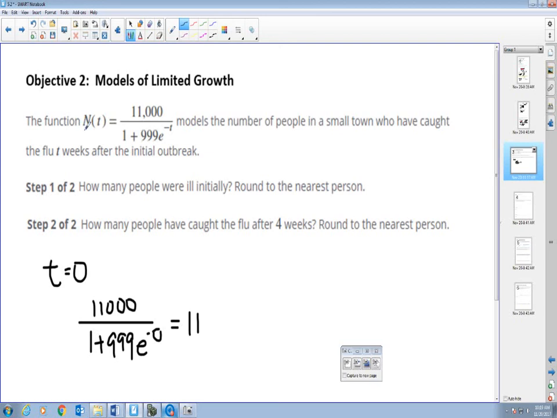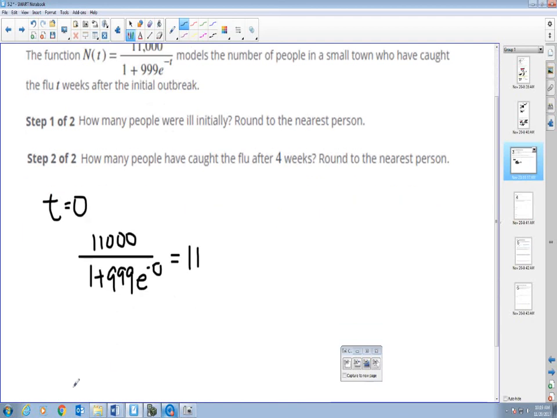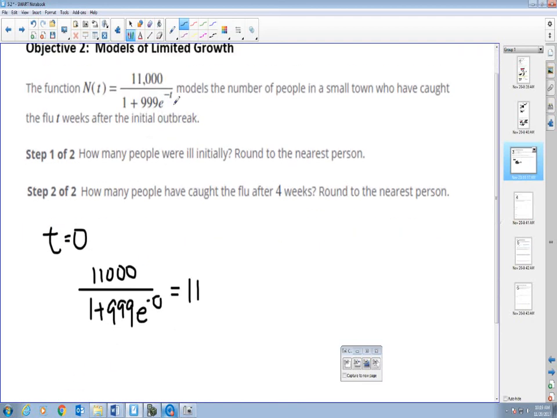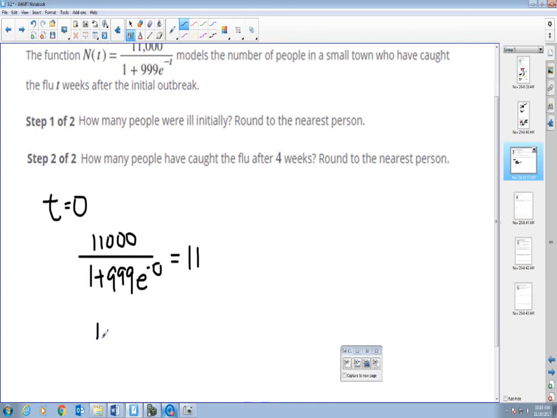Okay, so the answer to T is referring to the number of people who get sick after T weeks. So how many people have caught the flu after 4 weeks? So now I'm going to put a 4 right here. So that'll be 11,000 over 1 plus 999 times e to the -4 weeks.